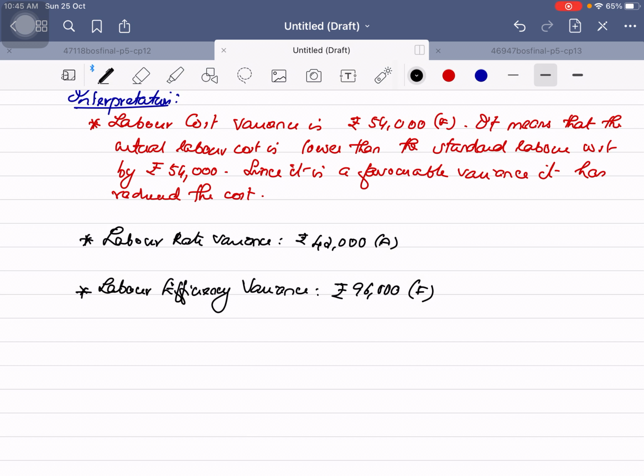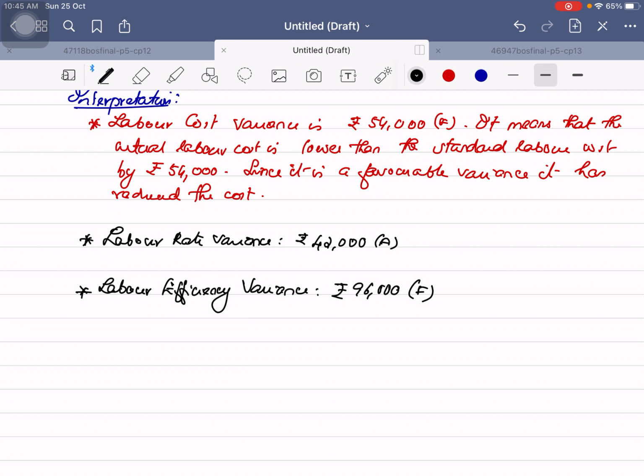Okay, so this is how you interpret the variance. Now if you want, you can give some reasons for why the labor rate variance or labor efficiency variance could change. Labor rate variance could change due to many reasons, because the conditions at the time of budgeting and at the time of actual production may differ. Initially you agreed with the laborers a rate of rupees 8, whereas when it came to actual production, due to some reasons you had to pay a higher amount.